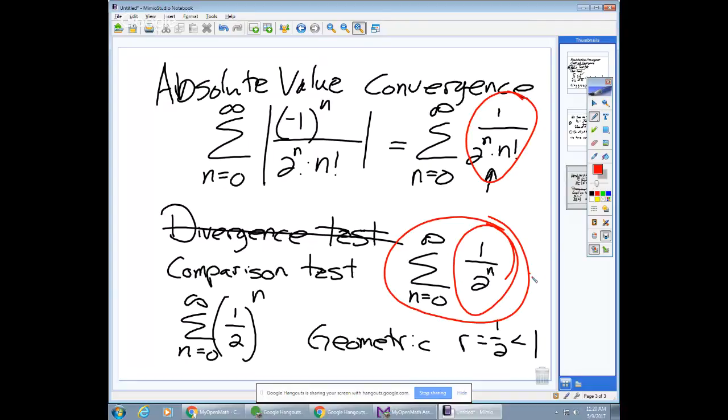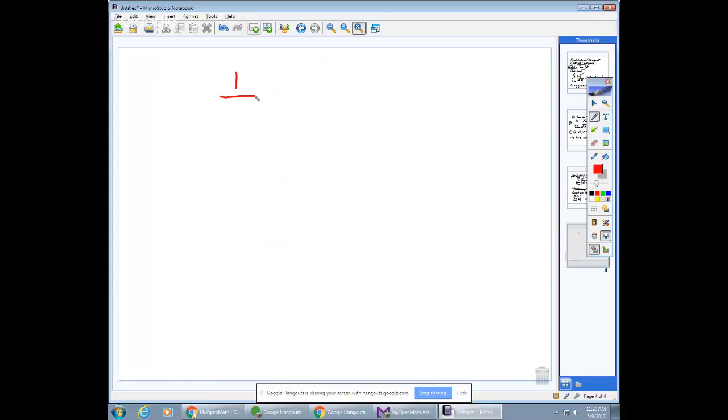So what I can say is that 1 over 2 to the n times n factorial is less than 1 over 2 to the n. This guy is convergent. So the new things, the unknown stuff, is always smaller than convergent terms, right? I made the denominator bigger, which makes the whole fraction smaller.